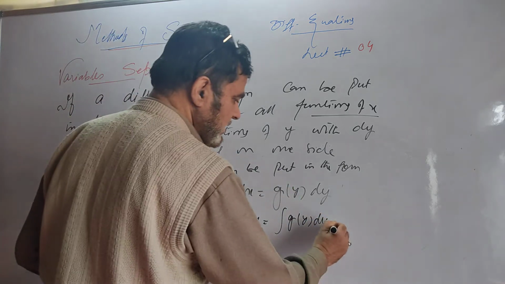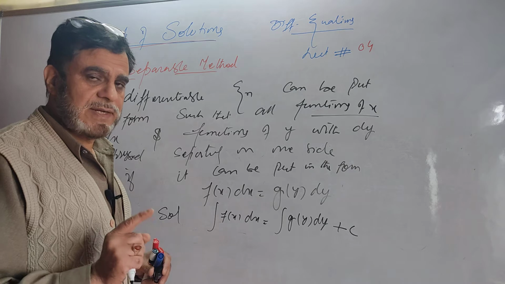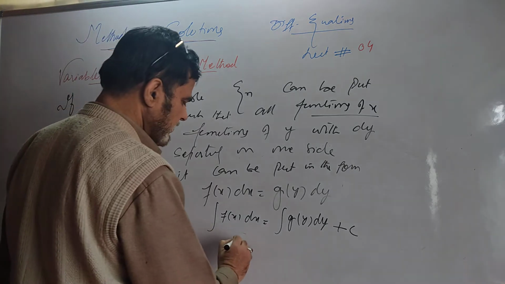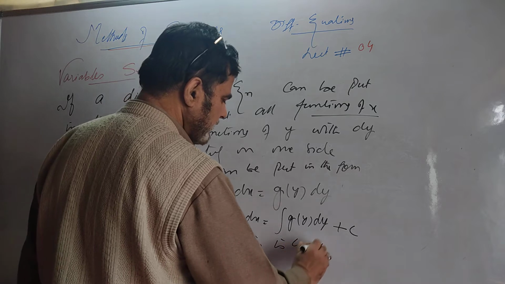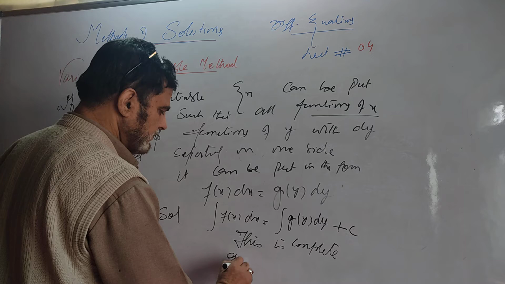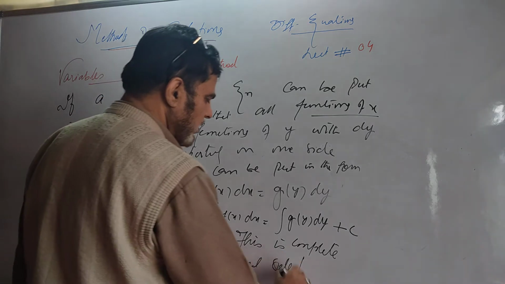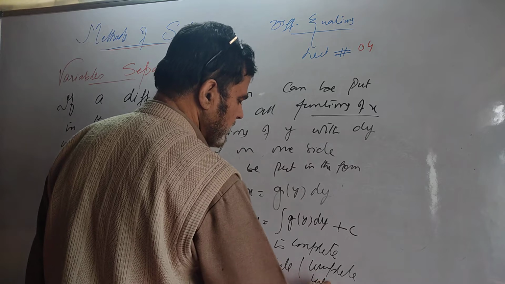We should add plus c on one side, the constant of integration, necessarily. Then this is the complete general solution, or complete integral, you may say.